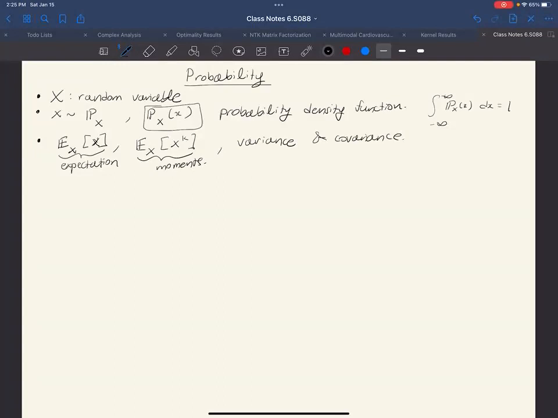A quick example: if I have two random variables X, Y which have mean 0, so expectation of X equals expectation of Y equals 0, then their variance is just the expectation of X squared, and the covariance is just the expectation of XY.